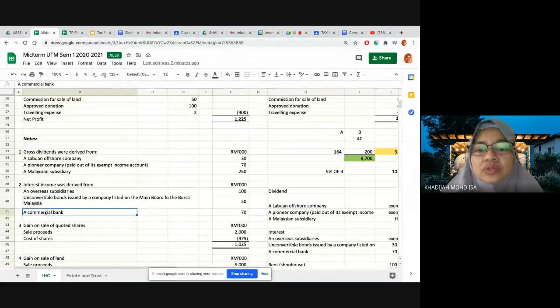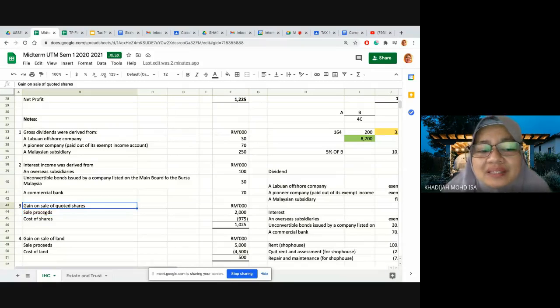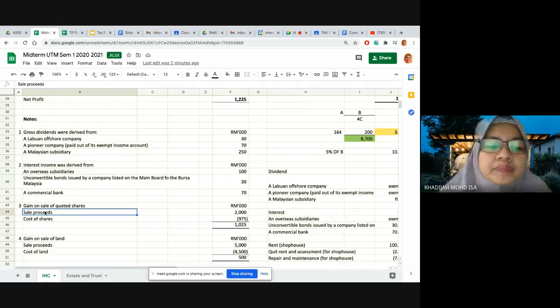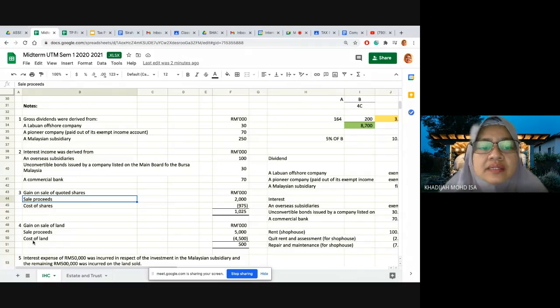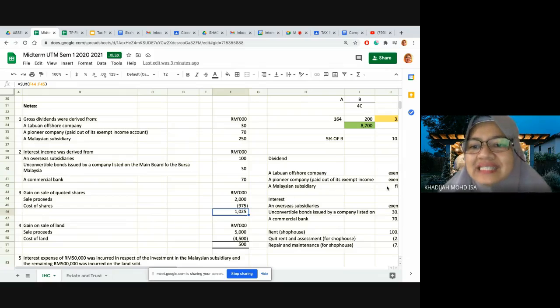Commercial bank is also taxable. Gain on sale of quoted shares is a capital gain, right? But you are going to use this when you want to compute gain on sale of investment, right? Similarly for gain on sale of your land. So this one will be used for the purpose of computation of your 4C.